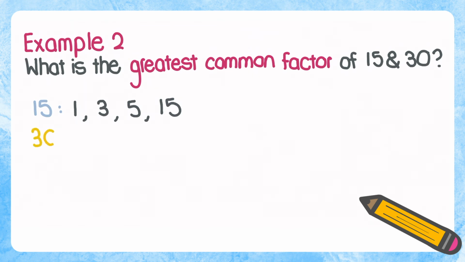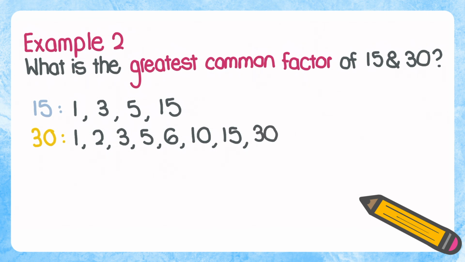And then for 30, we have the following factors: 1, 2, let's see, also 3, 5, 6, and then 10, 15, and 30. So I listed out the factors for both numbers.